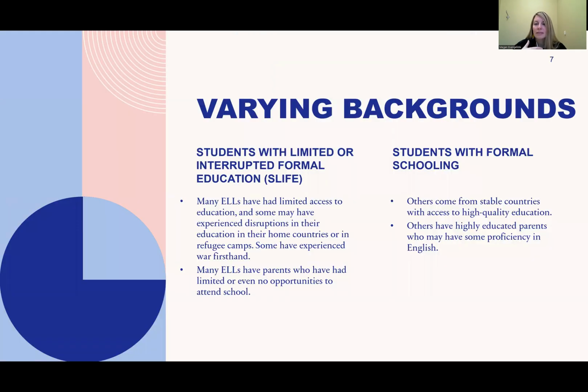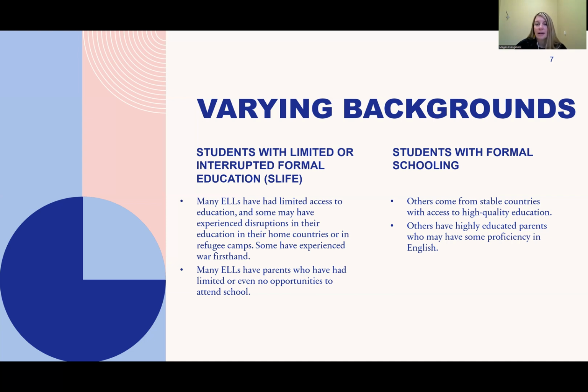So whenever we receive our students, we know that they come from varying backgrounds. So let's talk about 2 of the most important that our students will fall into. So students may come to us with limited or interrupted formal schooling. So we call these students SIFE students or SLIFE students, depending on what acronym your district may use. So many ELLs come with limited access to education, mainly because they've experienced disruptions in their home countries.